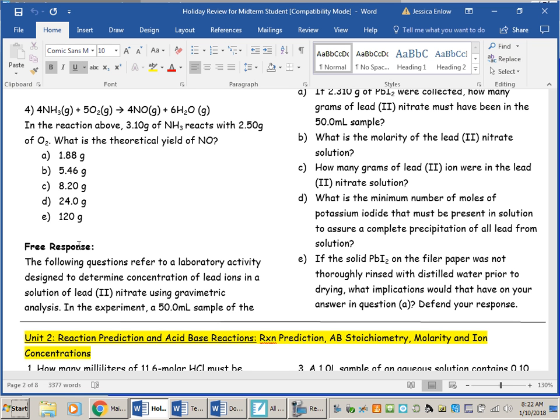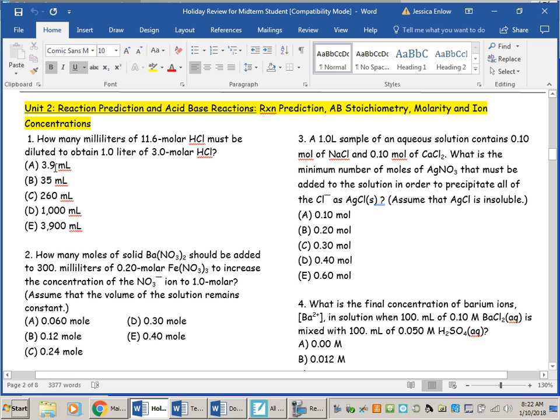So, 4 for 4? Can you say 3 for 4 or 2 for 4? Okay. All right, so I'm going to go back to free response in a minute. So 2, take a minute to look at those again because, you know, it's been a while. Take a minute to look over 2's.